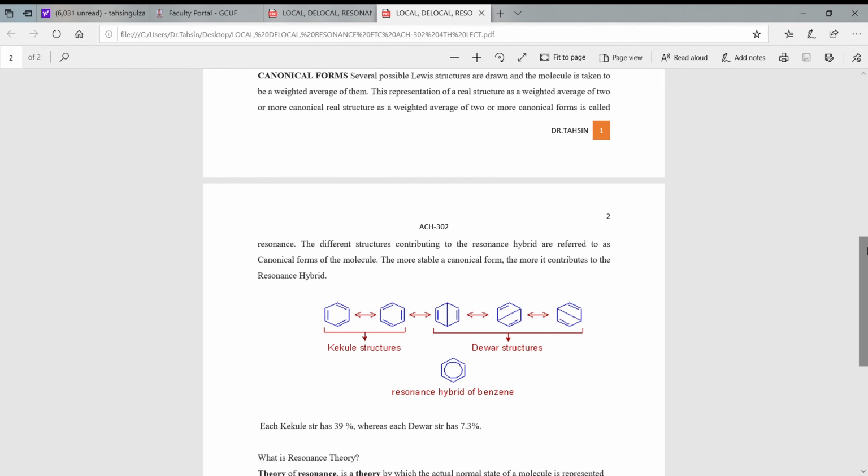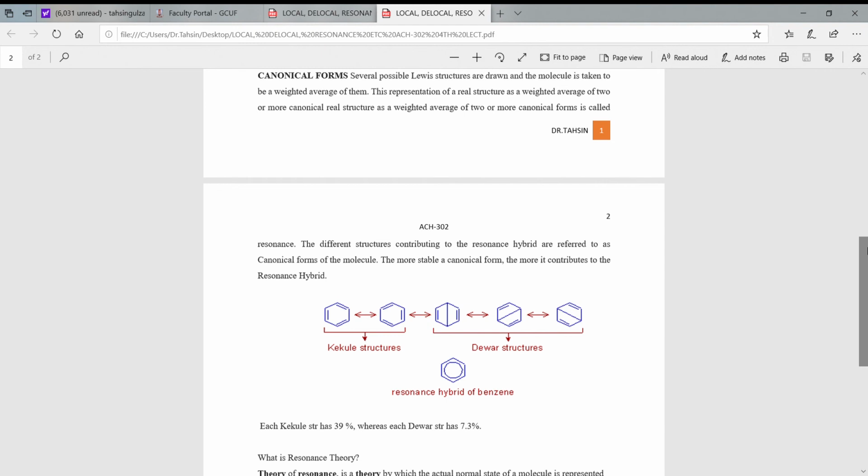We can say that this explains it, because in these 5 structures, one carbon is showing single bond character, another double bond, alternating single and double bonds. But actually we cannot say that this single bond is here and this double bond is here, because electrons are always delocalized. How can we say this is a single bond and this is a double bond?